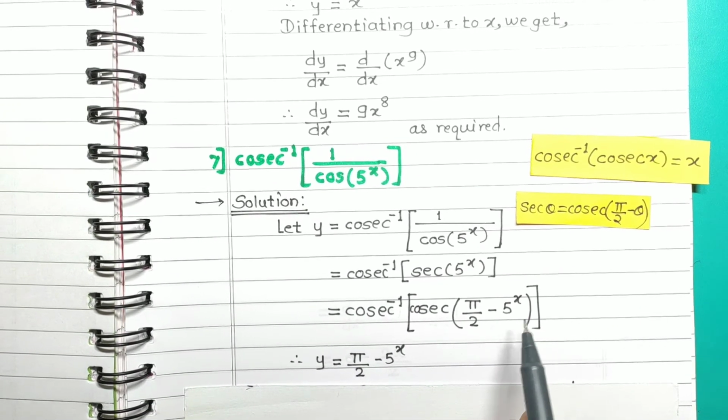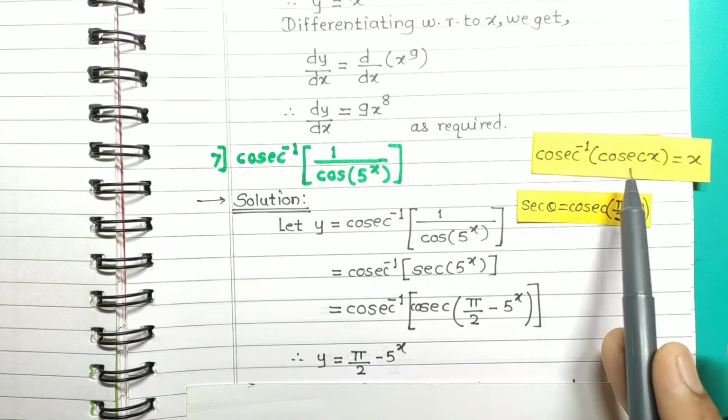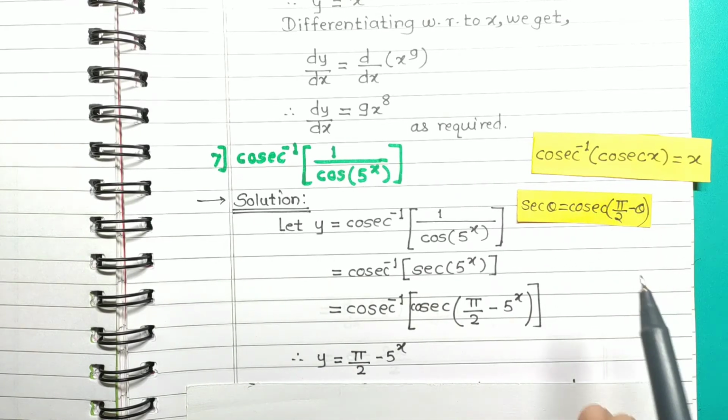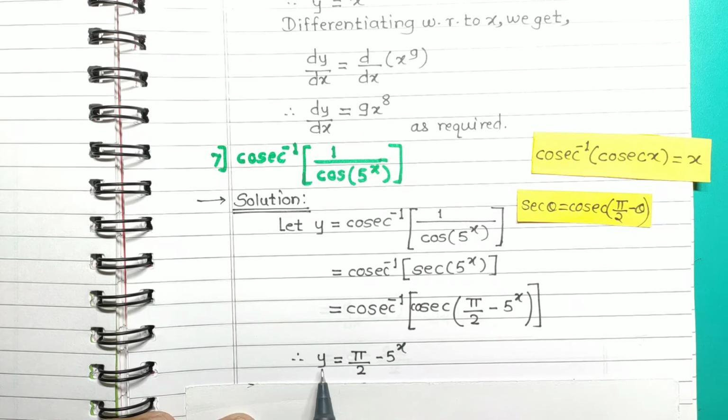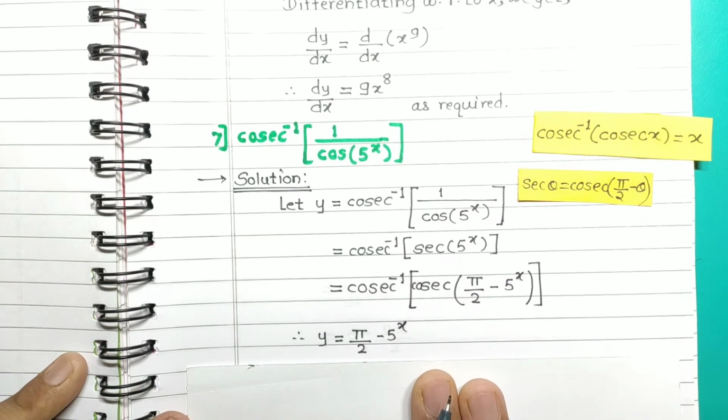See, trigonometry and properties of inverse trigonometric functions are going to be very useful to simplify these inverse trigonometric functions. You note these tricks properly. So here we have one simplified function, y is equal to pi by 2 minus pi raised to x, which is very easy to differentiate.